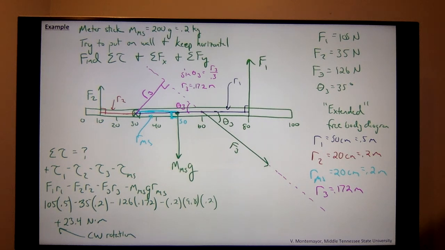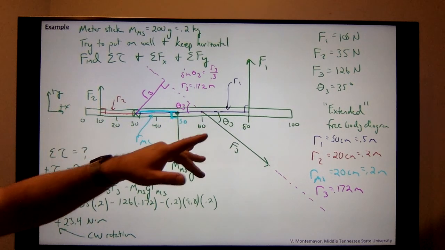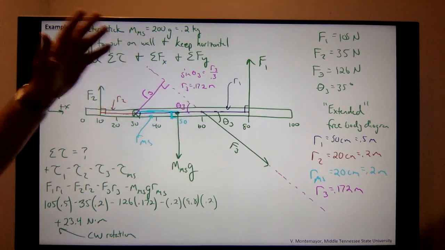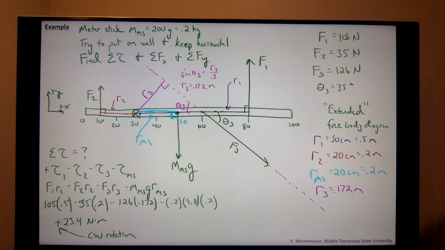Now, let's go back, and we can do the same thing as before and just say to the right is the positive x direction, and let's say up is the positive y direction. And even though the forces are all spread out, we can still use the sum of the forces horizontally and the sum of the forces vertically and see what we get. So let's go right down here somewhere. The sum of the forces in the x direction.